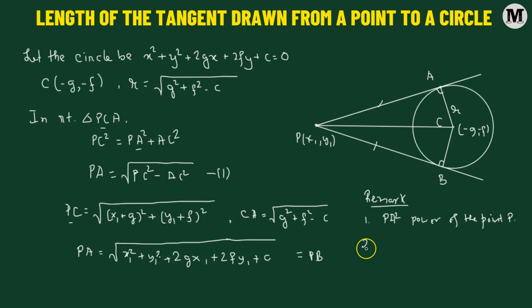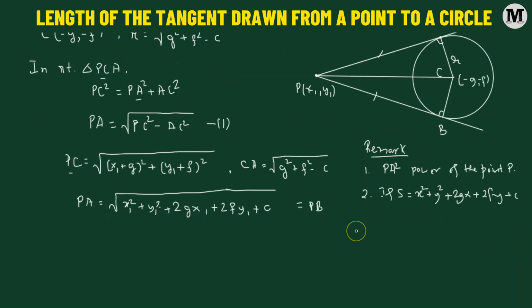And then we have the equation of the circle given by x squared plus y squared plus 2gx plus 2fy plus c. So if we denote S to be equal to x squared plus y squared plus 2gx plus 2fy plus c, it means that S equals 0 will be the equation of the circle.